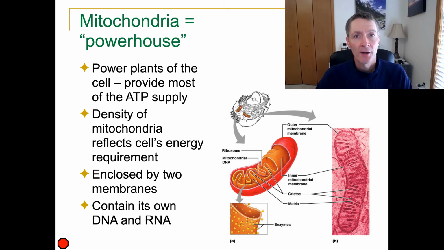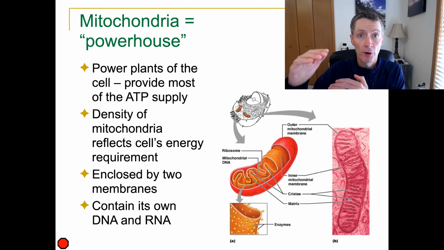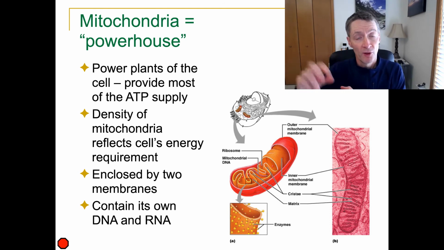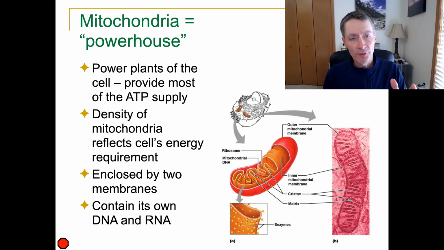Or if we see a lot of sodium-potassium pumps, well, that's probably going to produce quite a large membrane potential, right? A difference in charge across the membrane because of the way that that pump works. Well, with the case of mitochondria, if we see a lot of mitochondria in a cell, we know that that is an energy-hungry cell. It's a very busy cell, and it needs a lot more energy than one that doesn't have as many.